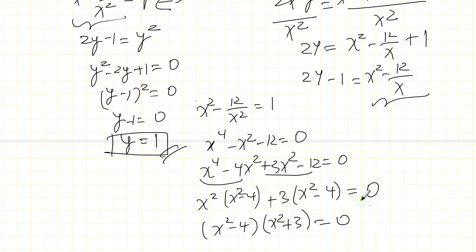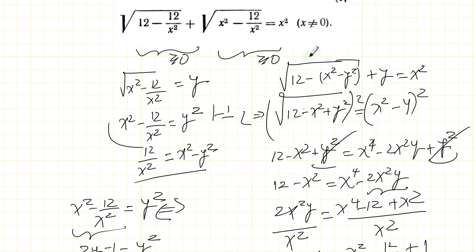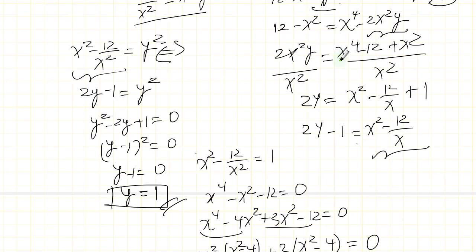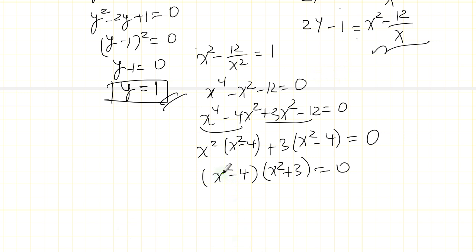Remember that our problem says that x is different from 0, so this one here, x squared minus 4, is going to be equal to 0, but this one here, x squared plus 3, is always going to be greater than 0, because it doesn't matter what number you put in here. We have 3 here, so it's always going to be a positive number.